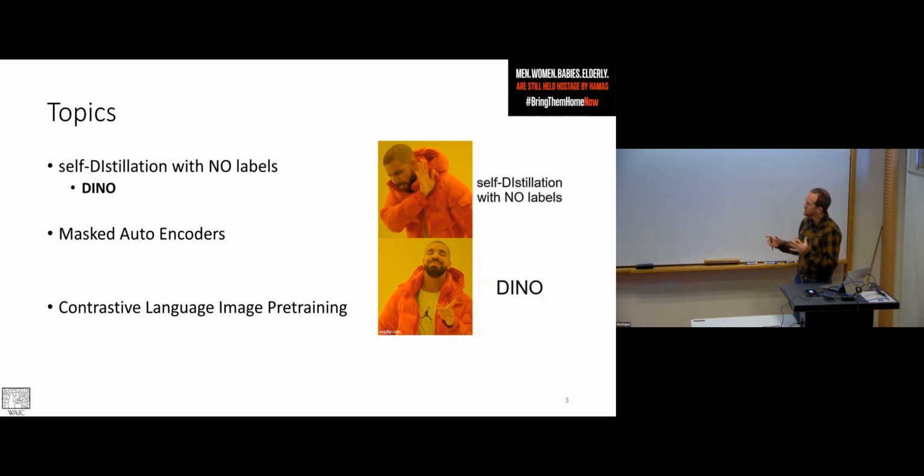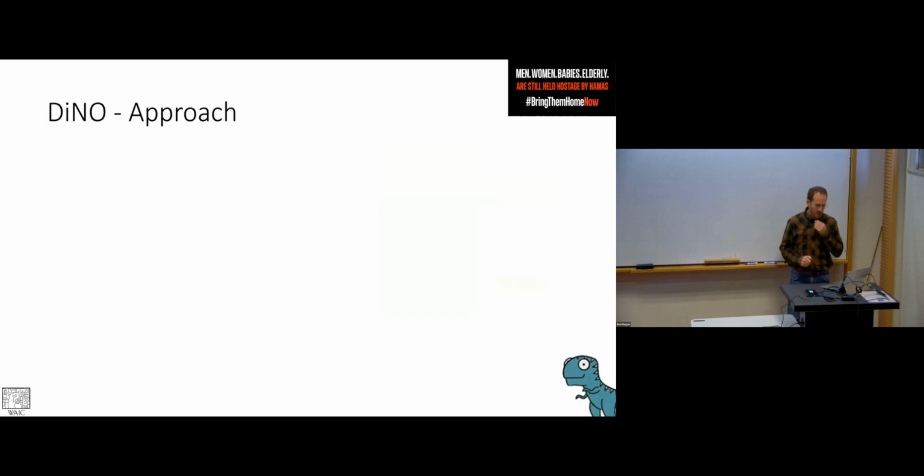And these are kind of the main directions that exist today in self-supervised training. So we're not going to cover all the material, but we're going to give you a taste of these directions that exist. So let's talk about DINO.